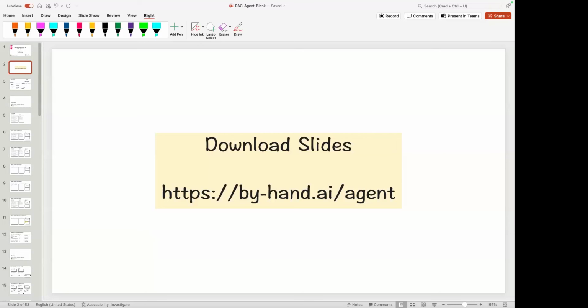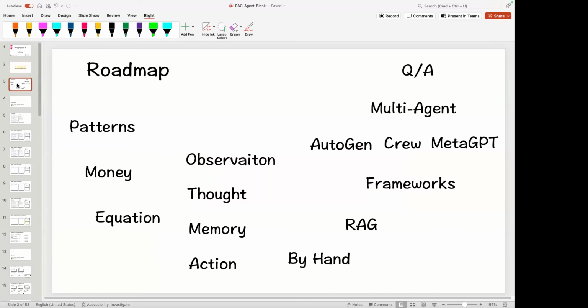All right. So this is the roadmap I'd like to take you through. I will start by talking about 4 common patterns when it comes to LLM agents, and some simple exercises for you to get a feel of how an agent might cost you money, and simple math about it.